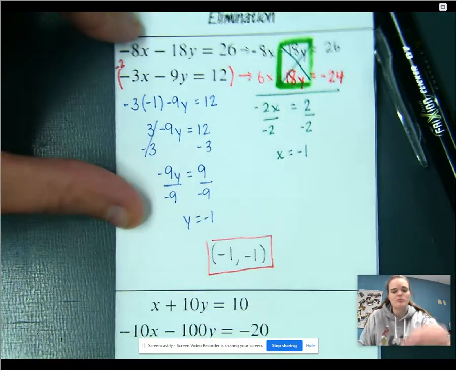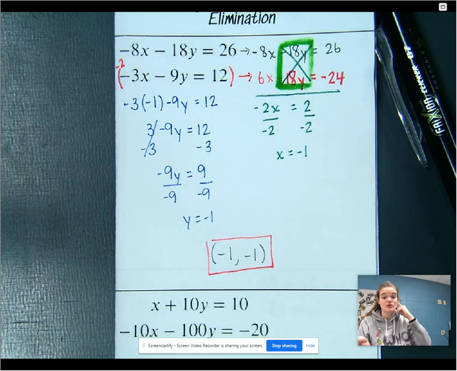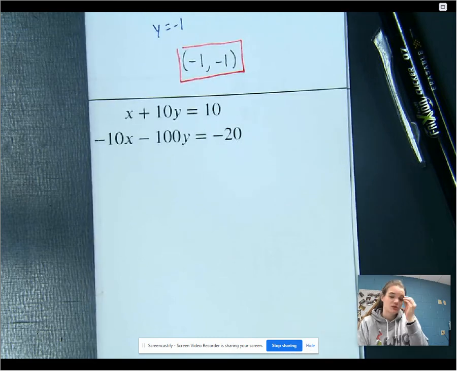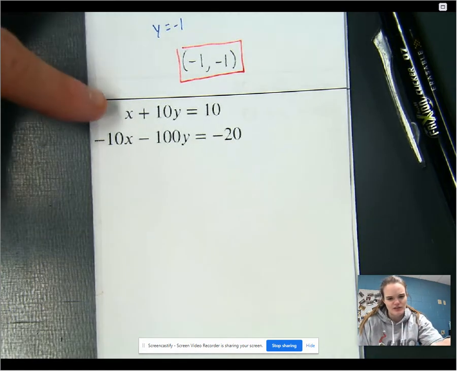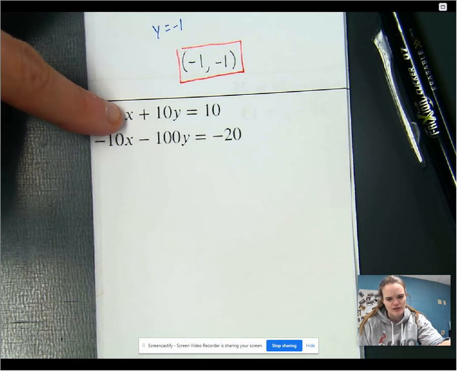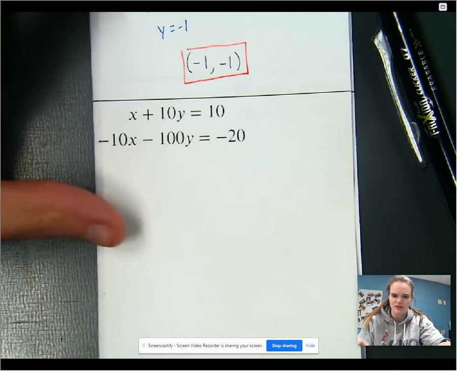So I'm going to multiply by a number. Sometimes I'll have to multiply the top and the bottom to get the correct answer. Number 2. Okay, I cannot cross out either of these, so I'm going to have to multiply by something. To get, this is a 1 to a 10, I can multiply by 10, so let's multiply by 10.